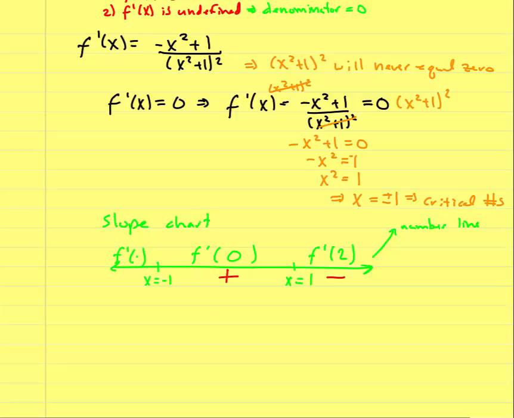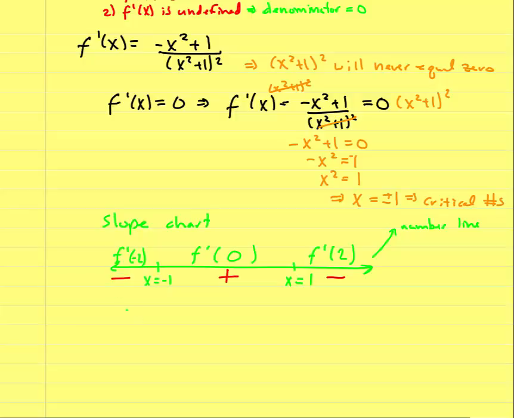Now to the left of negative 1, we could plug in negative 2. Again, the denominator is always positive, so I look to the numerator. Negative 2 squared is negative 2 times negative 2, which is 4, and then I negate that. Negative 4 plus 1 is negative 3, so I get a negative value here.